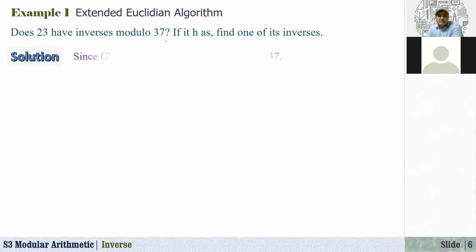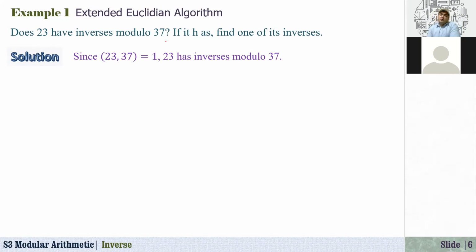Otherwise, it doesn't. We know that the highest common factor of 23 and 37 is 1, because the only common factor they share is 1. They don't have any other common factor except 1, which means that in math we call them relatively prime, or co-prime to each other.